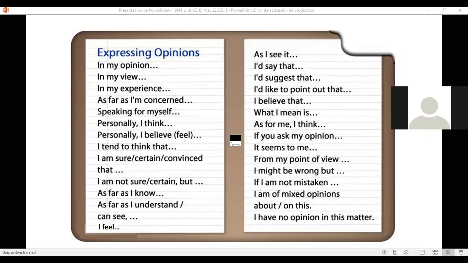So probably you're going to use a lot these expressions later on, and I will share with you. So here in the next page, you're going to see some of the same expressions, but we're going to have them divided with some agree expressions and some disagree expressions.